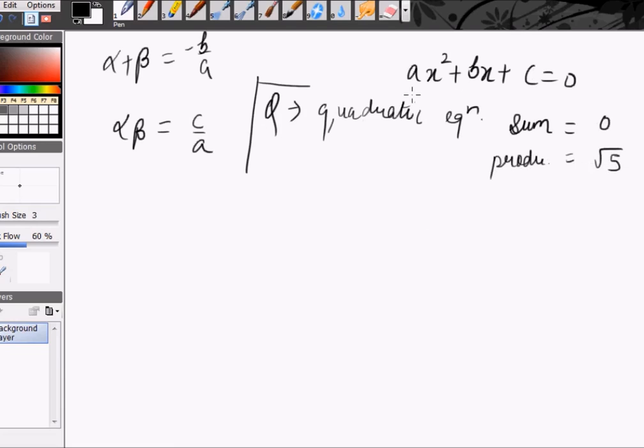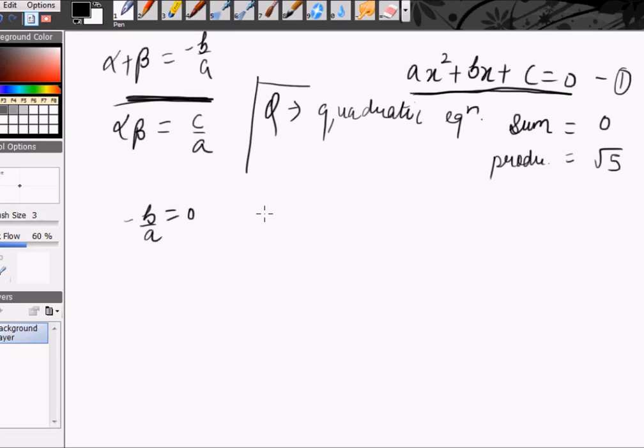So let us assume that the required quadratic equation is this one. Now sum of roots is 0, which means minus b over a equals 0.